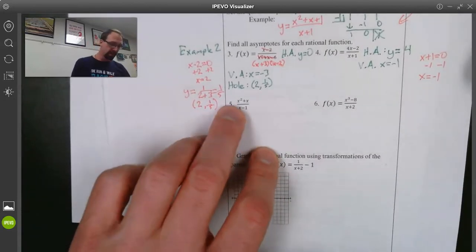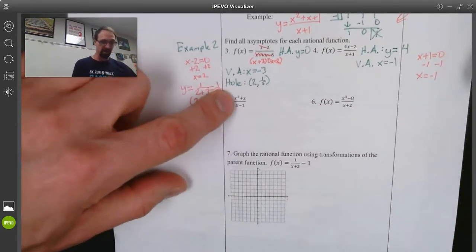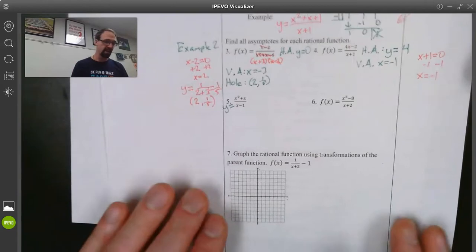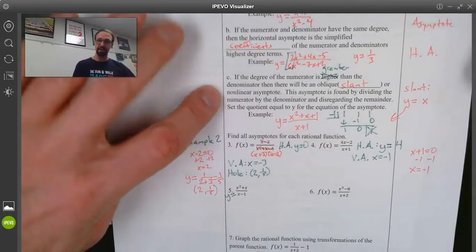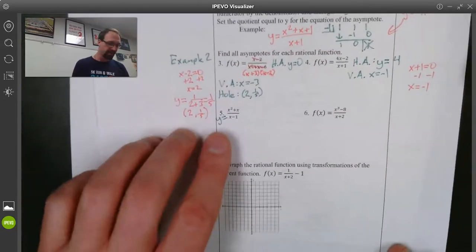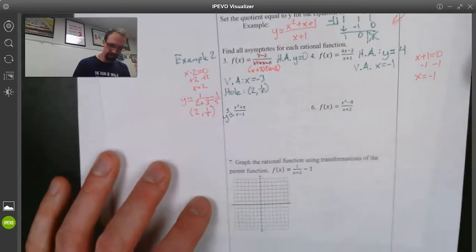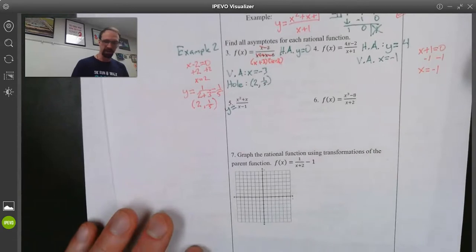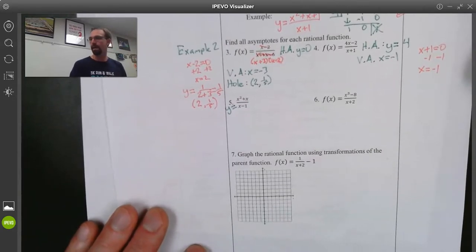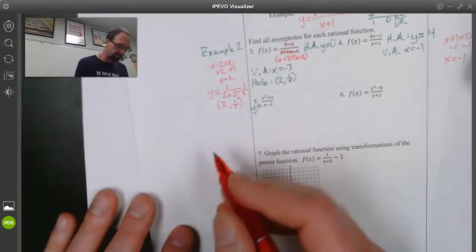So here we have the degree of the numerator is greater than the degree of the denominator. So this is like example C from up here. In this scenario, we need to divide out by that. So I'm going to go ahead and do that here off to the side.